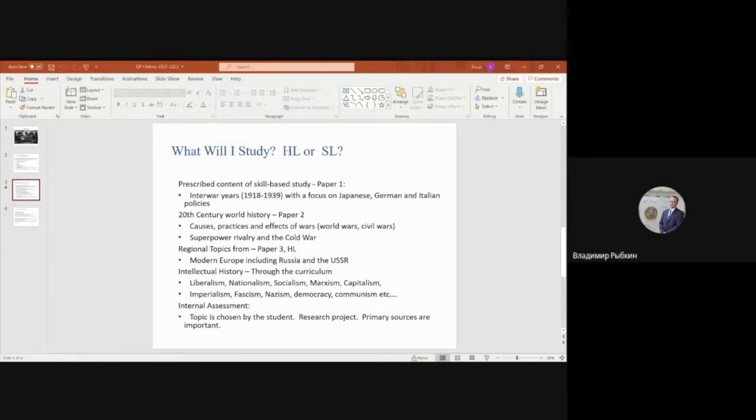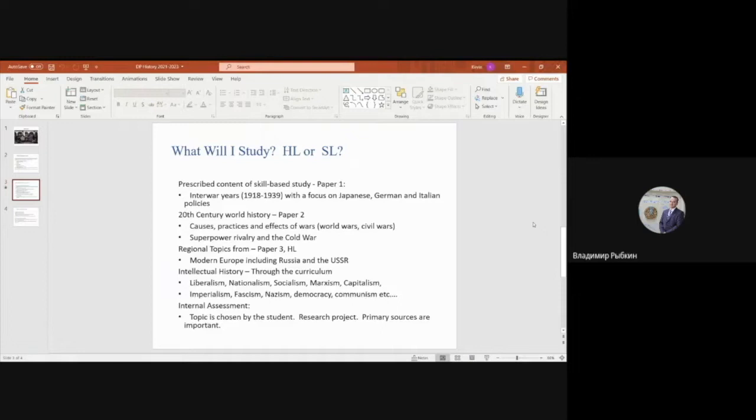First of all, you will work with three papers, and paper one is about interwar years. It's a period of Japanese, German, or Italian aggressions, expansions, and it's mostly directed on source analysis. Paper 2 is the most significant part of our course.